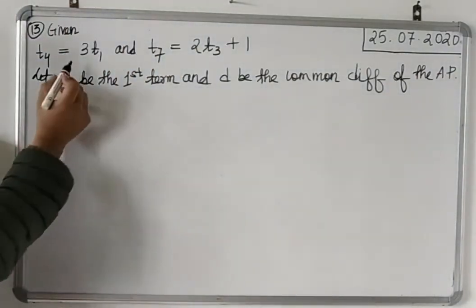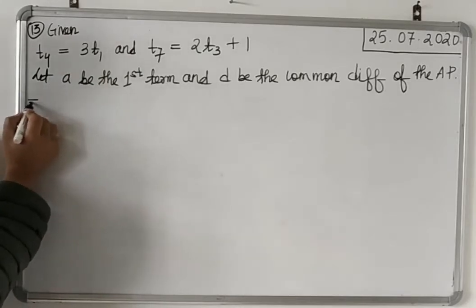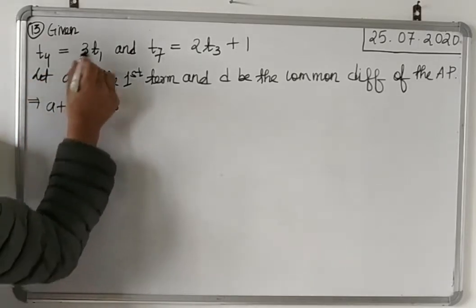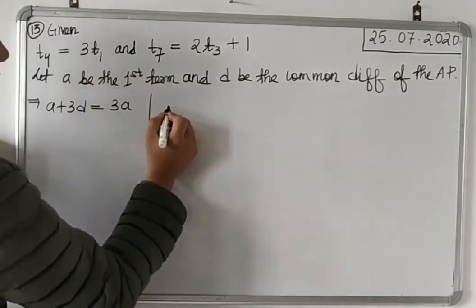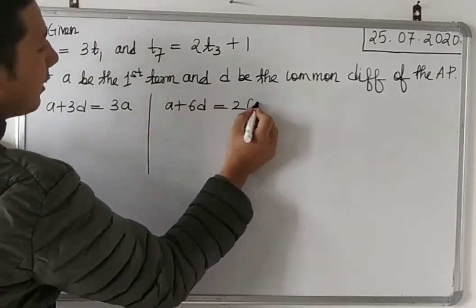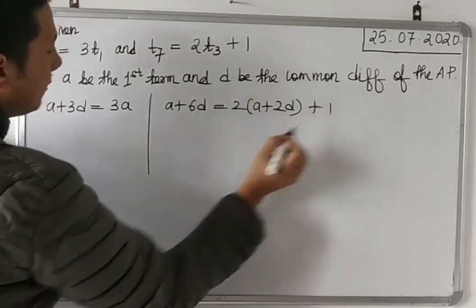Therefore T4 means A plus 3D is equal to 3 into A. So this is one of the equations I'm getting. T7 means A plus 6D is equal to twice T3 plus 1, that is, twice (A plus 2D) plus 1.